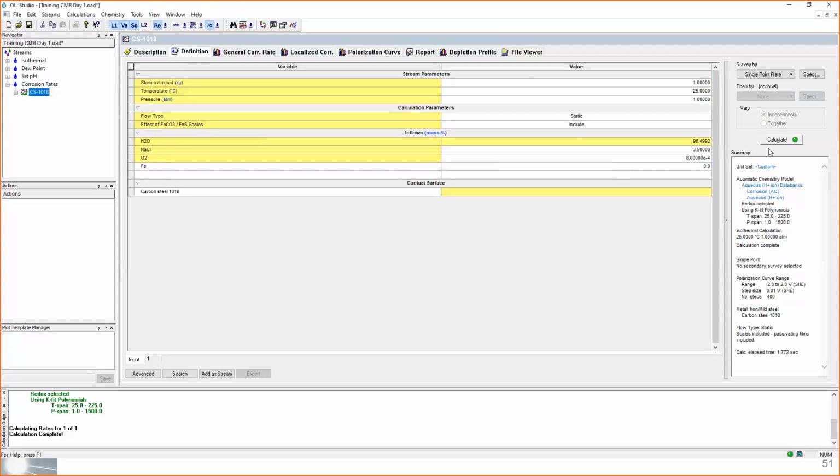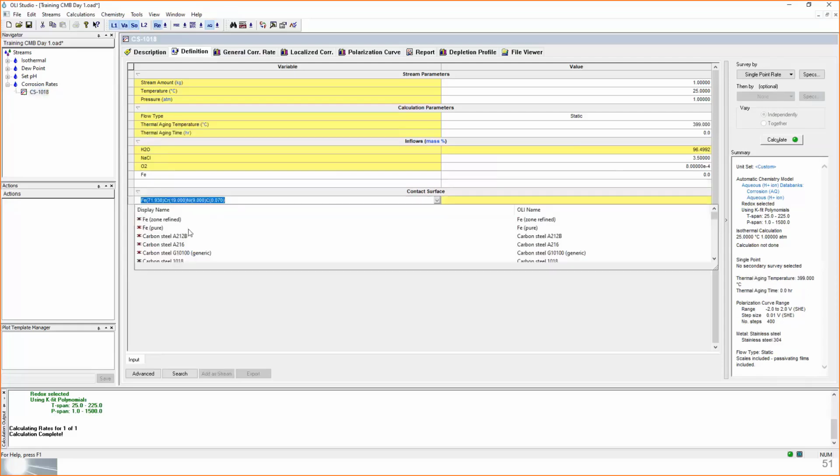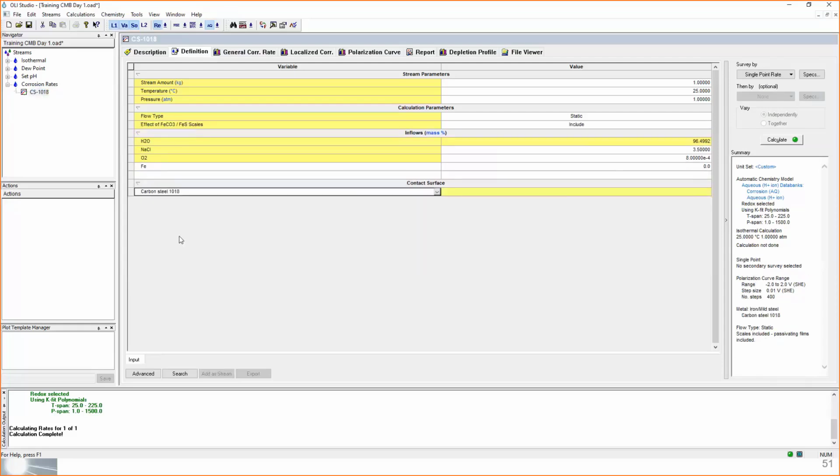So sometimes if you have the yellow button, that means you may have a specific warning here saying that we haven't calibrated a specific element or a specific species for the corrosion rate calculation. What else can cause the yellow button? I'm thinking.